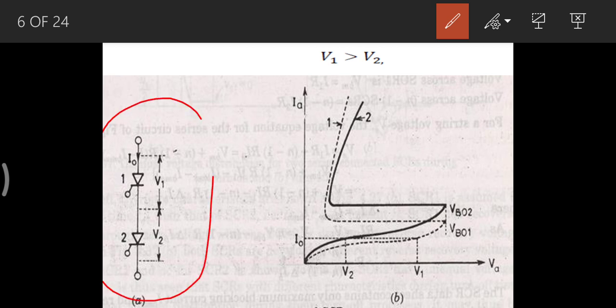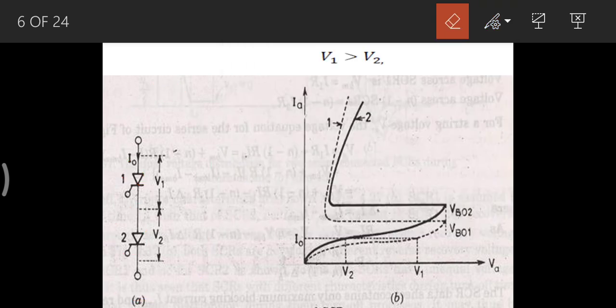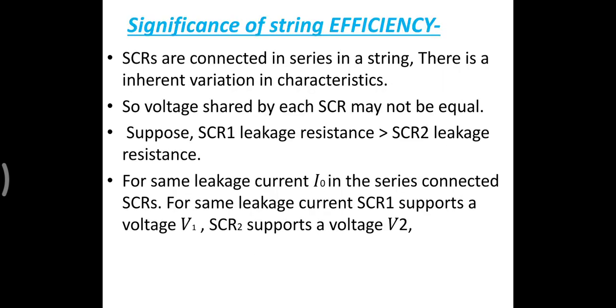Let V1 be the voltage across SCR1 and V2 the voltage across SCR2. Suppose SCR1 has a leakage current greater than SCR2. Now these two SCRs are connected in series.